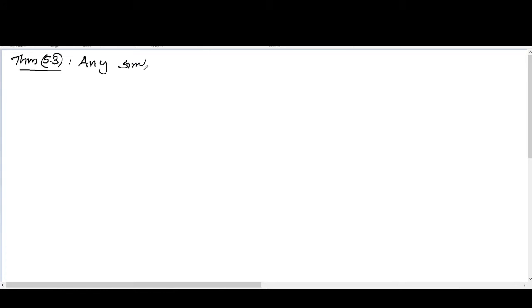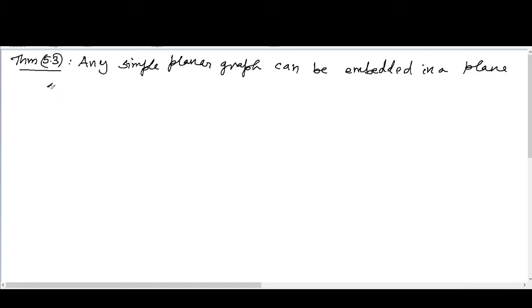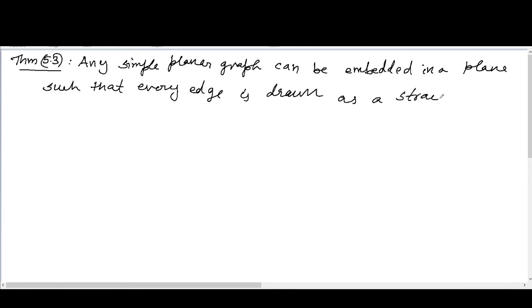Any simple planar graph can be embedded in a plane such that every edge is drawn as a straight line segment.